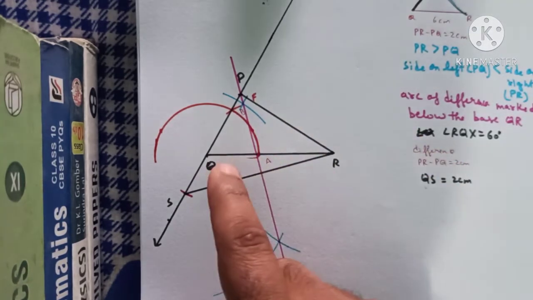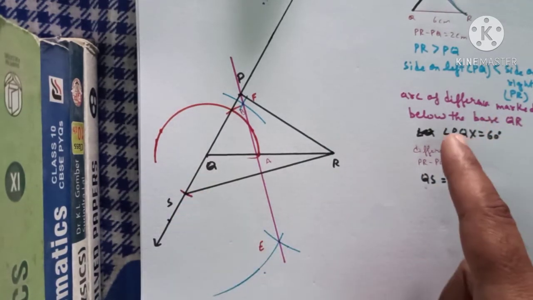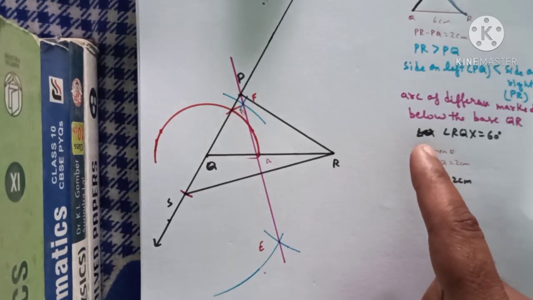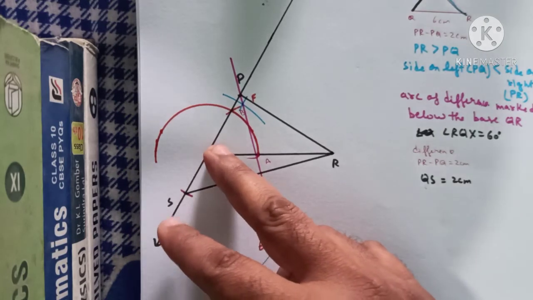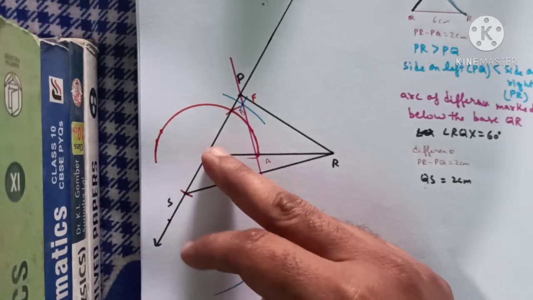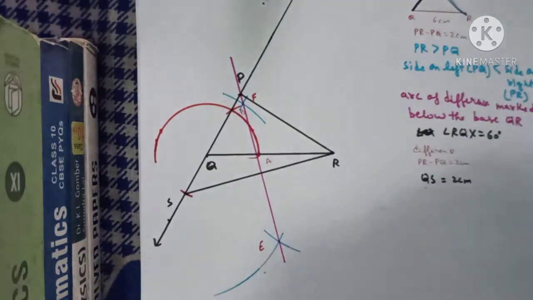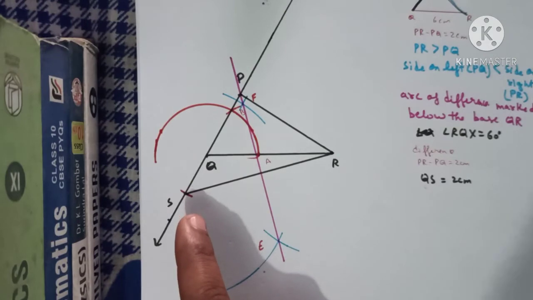Now again, since the arc of difference we have to mark below the base because the side on the left is smaller, we will take center Q and mark a point S such that QS should be equal to 2 centimeter, because the arc of difference is given as 2 centimeter.